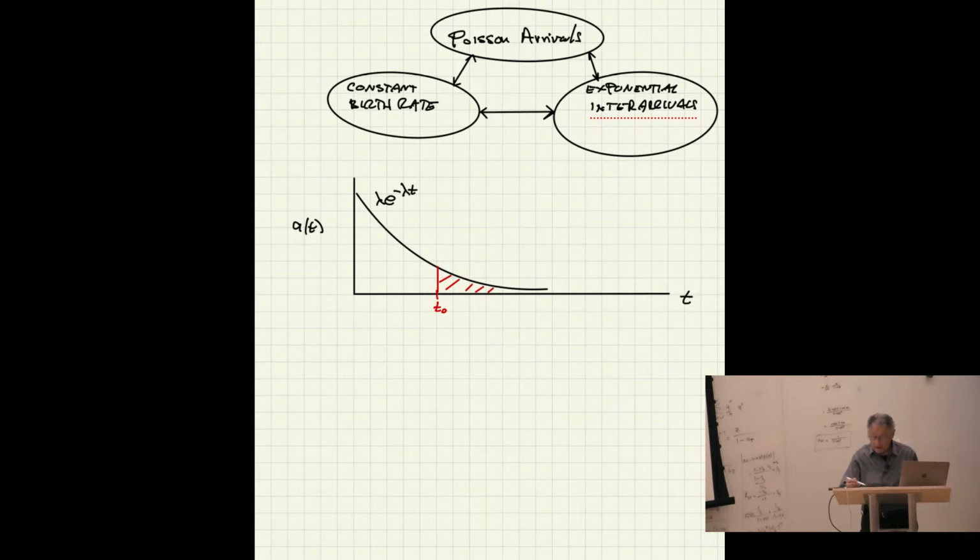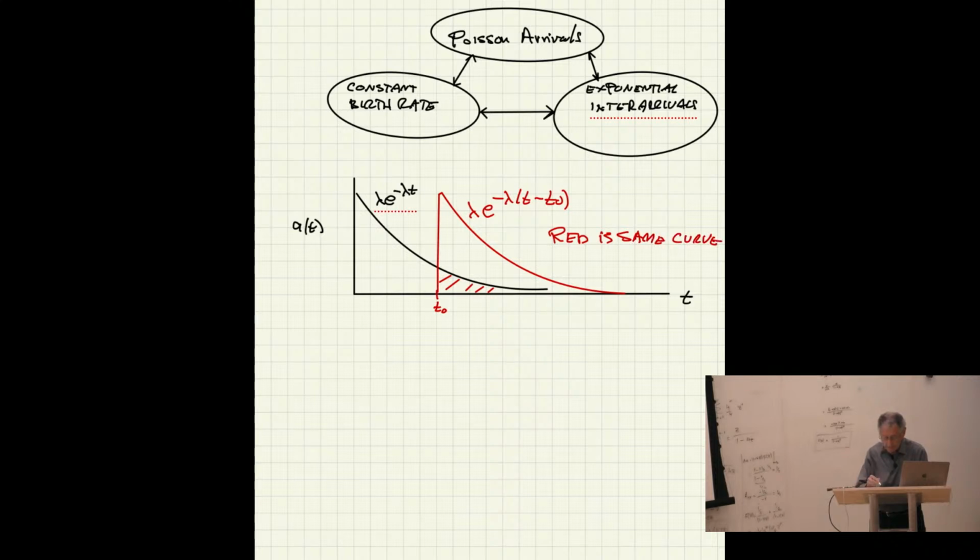And that means when I scale it up, it looks like that. And the equation for that expression is lambda, let me write that more carefully. That's lambda e to the minus lambda (t minus t0). The point is that the red is the same curve as the black.